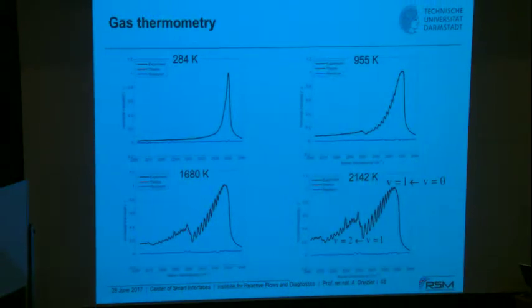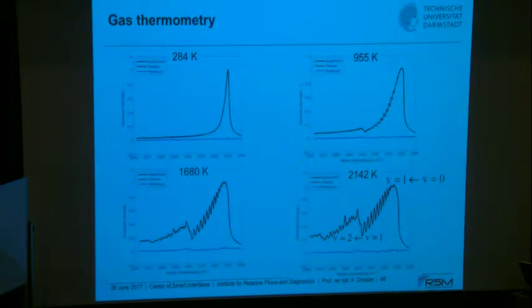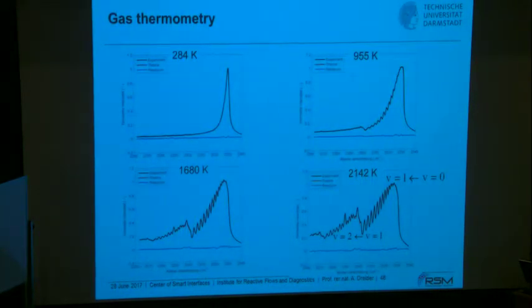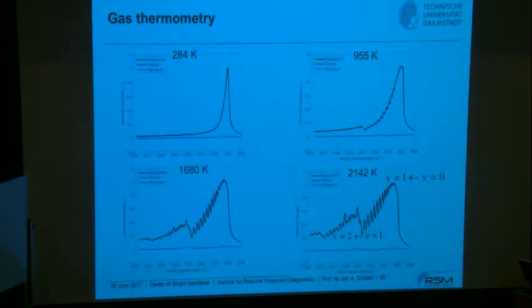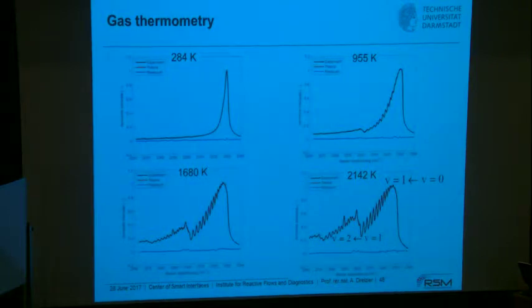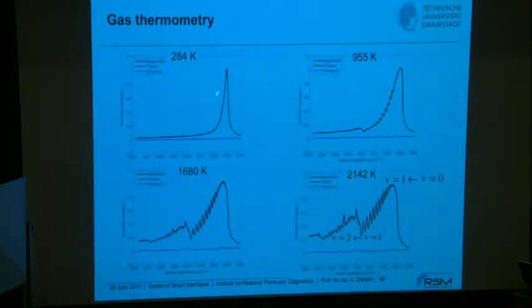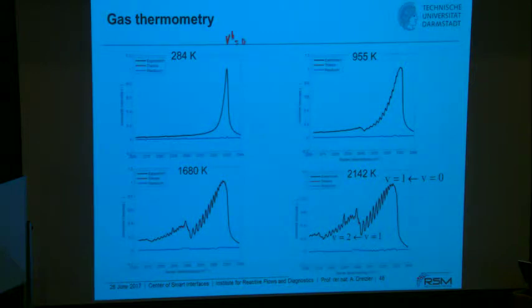If everything runs well, you get these single-shot spectra. These have been obtained in a combustion lab, which is not the best surrounding, with a time resolution of a couple of nanoseconds. You see here for low temperatures the transition from the vibrational ground state to the first vibrationally excited state.